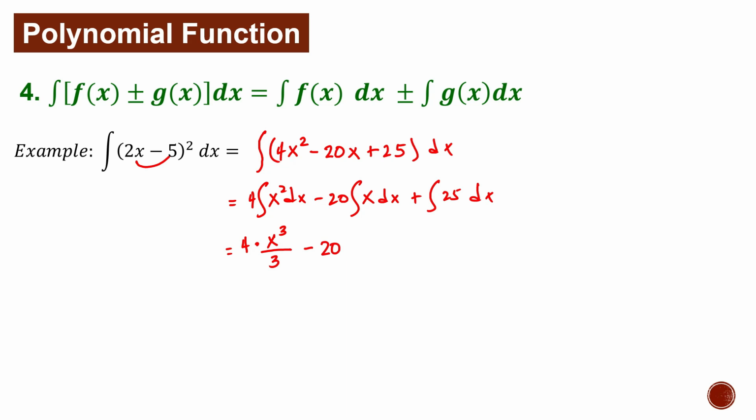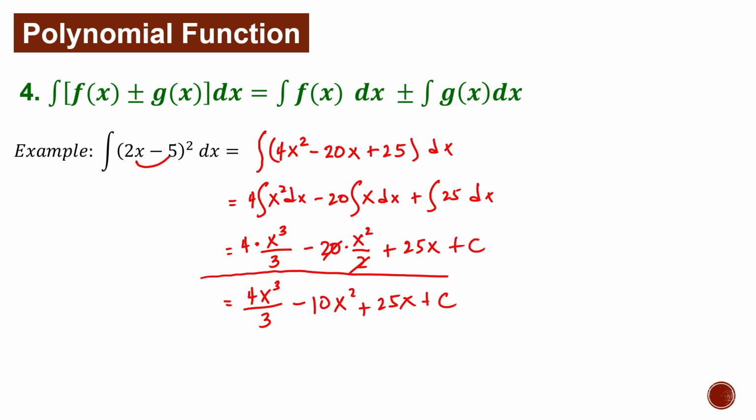So minus 20 times x, there's a 1 there, so this will be 2, plus 25x. And our final answer is 4x raised to 3 over 3 minus the 20 and 2 can be simplified, so that's 10x squared plus 25x plus c. Here you go.